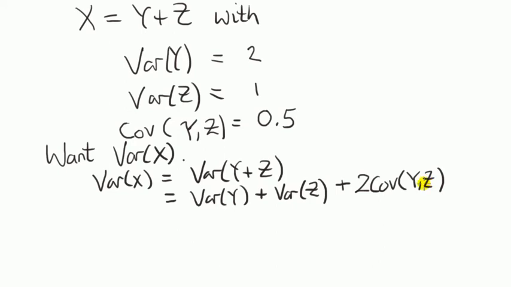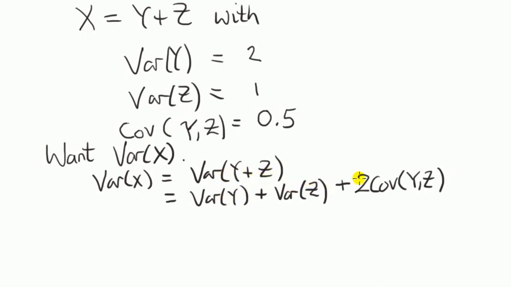Now, we're not going to talk today about what this covariance means, other than to say that if y and z are mutually independent, that means that the covariance is 0, and hence this disappears, and that's how you get the relationship that variance of y plus z is equal to the variance of y plus the variance of z.